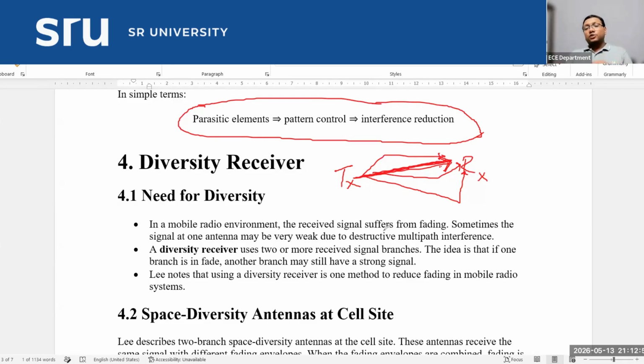So if I don't get any signal at antenna 1, I will get some signal at antenna 2. So the signal strength is not completely faded, or signal strength is not completely zero. This type of receiver where we use multiple antennas to receive signals to avoid fading is called diversity receiver.